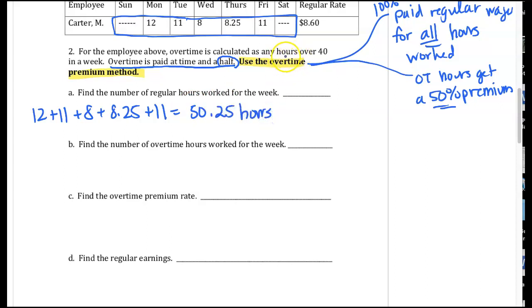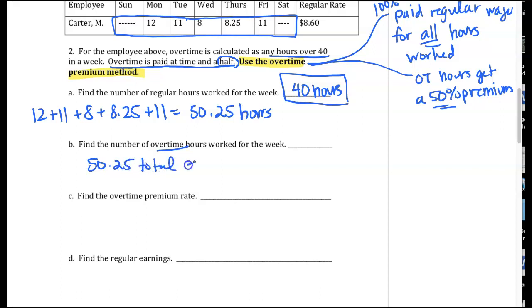Back on our question, remember that 40 hours are considered regular, and anything above the 40 hours goes in the overtime category. So if we had 50.25 total, and we used 40 for regular hours, then the remaining 10.25 hours are overtime hours.